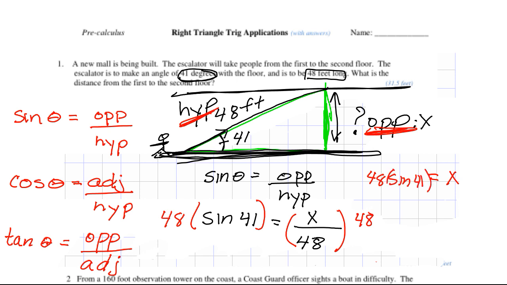It is now simply a calculator problem. You have to just put 48 into your calculator times sine of 41. Make sure you are in degree mode. And here's the answer right here, 31.5 feet.